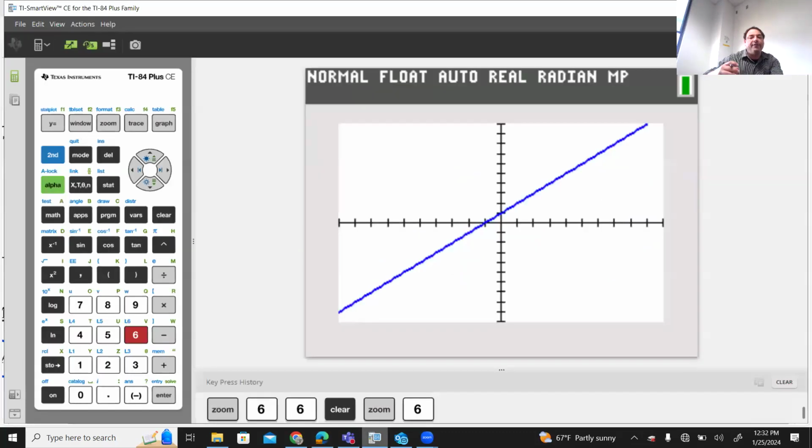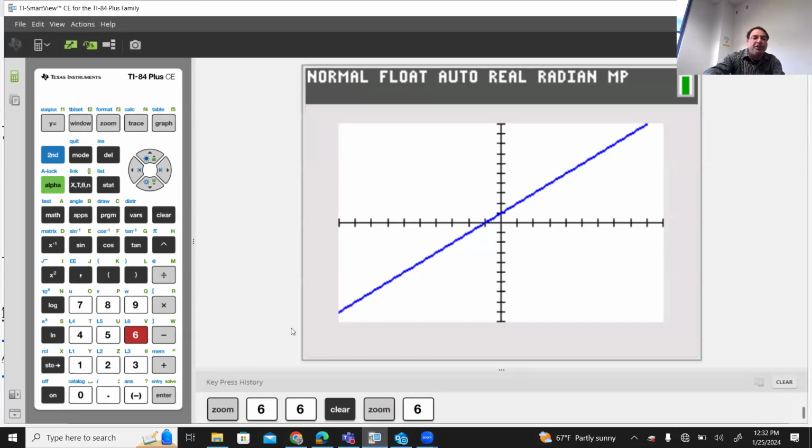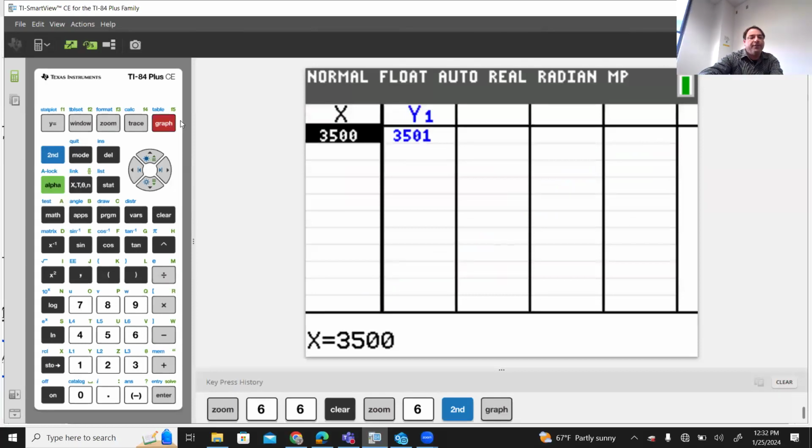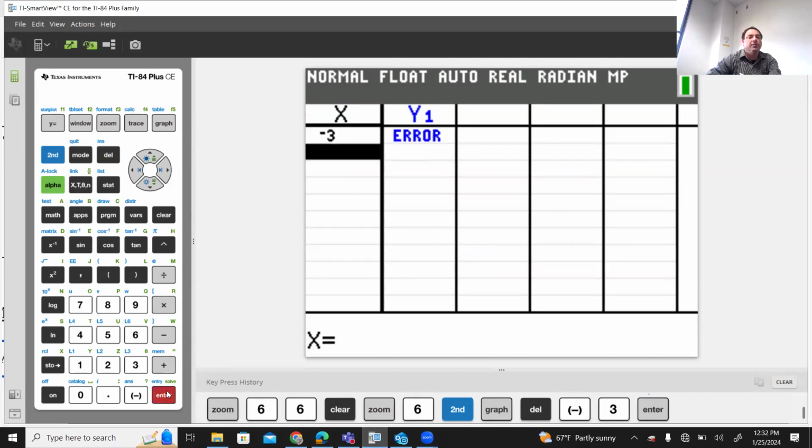Now, this is what's interesting. If you look at the graph, it looks like a beautiful solid line. But then go to the table feature, second graph, type in -3. When you put in -3, enter, it says error.